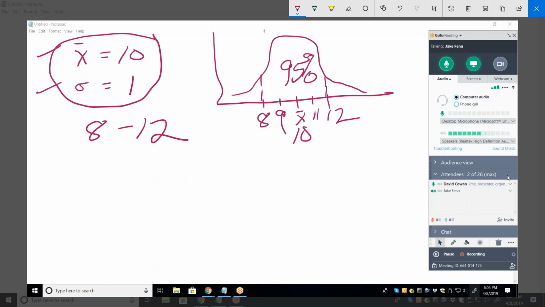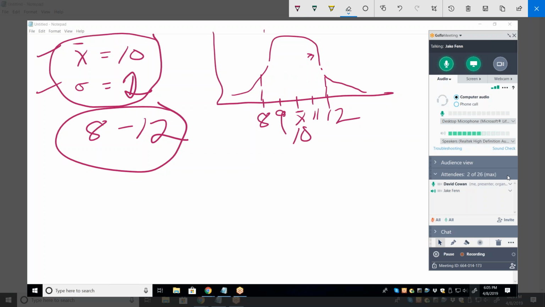So if the deviation is like 2 for this problem we just did, would it go 10 right to 8? If the standard deviation was 2, and they still want the probability of that, then what they're asking for is the probability that you're 1 standard deviation away from 10. So it's no longer 95%.